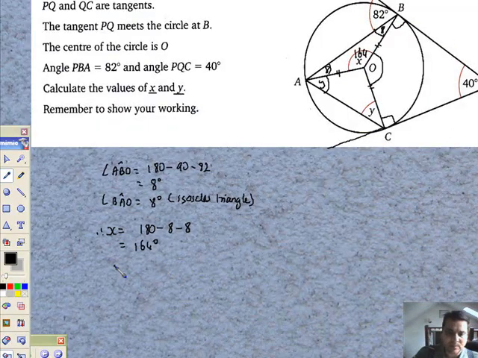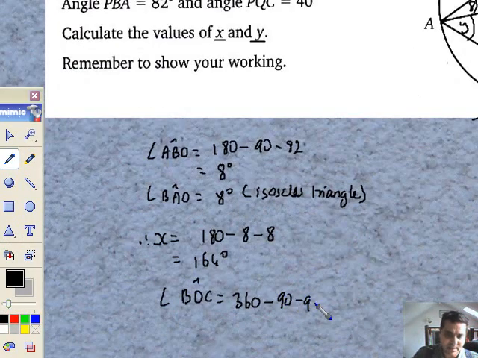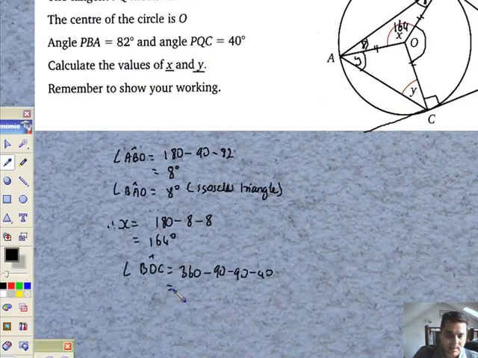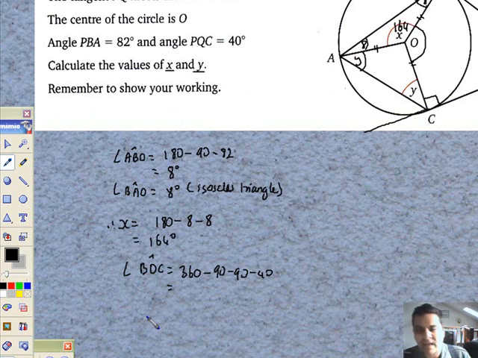So angle BOC is going to be 360 degrees, take away the two 90s and take away the 40, because essentially I have a four-sided shape, a quadrilateral, it's a kite. So 360, take away the two 90s, which is 180, and take away the other 40. That leaves me with 140 degrees.